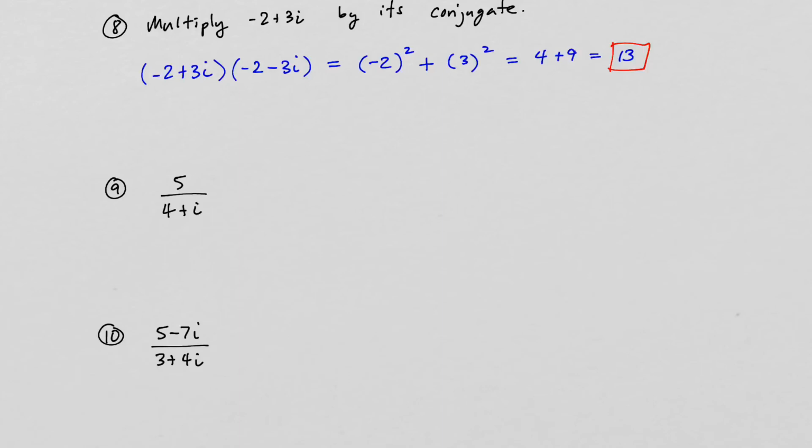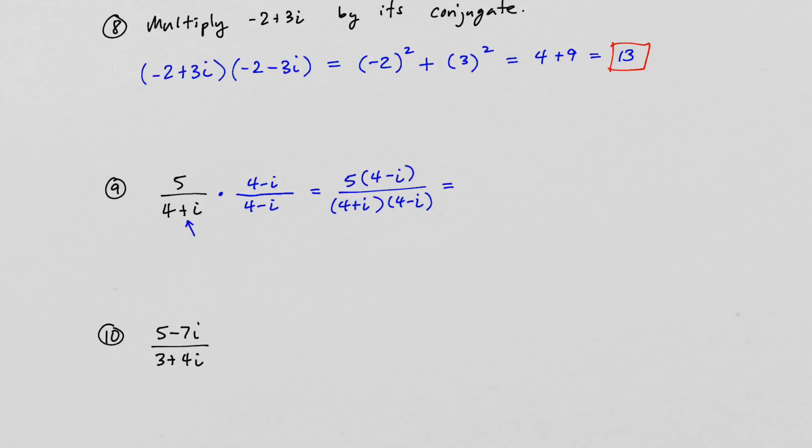What we're going to do is take this fraction and we're going to multiply the top and the bottom by the conjugate of the denominator. So the conjugate of 4 plus i is 4 minus i. And you have to multiply by the same thing to the top and to the bottom. And so this is 5 times 4 minus i over 4 plus i times 4 minus i.